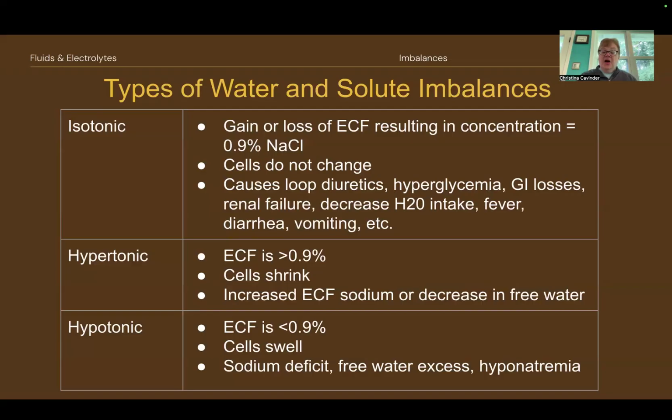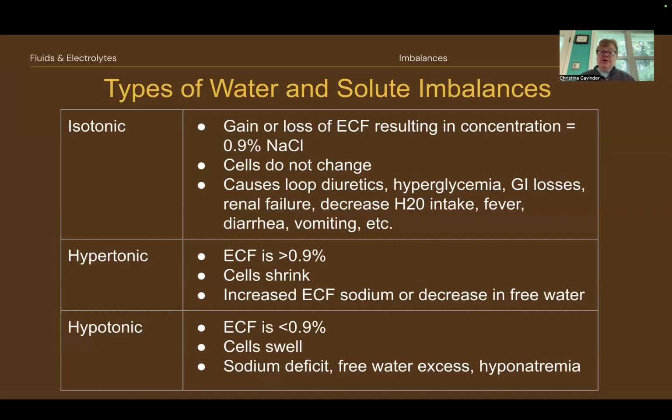This is caused by an increase in extracellular sodium or a decrease in free water. If you are not replacing water losses, that will drive up your sodium level, not because it's giving you more sodium. It's just that sodium is now concentrated because you removed the water. That causes the cells to shrink and become non-functioning, or it can cause the tissue to die. The one we worry about the most is the brain.